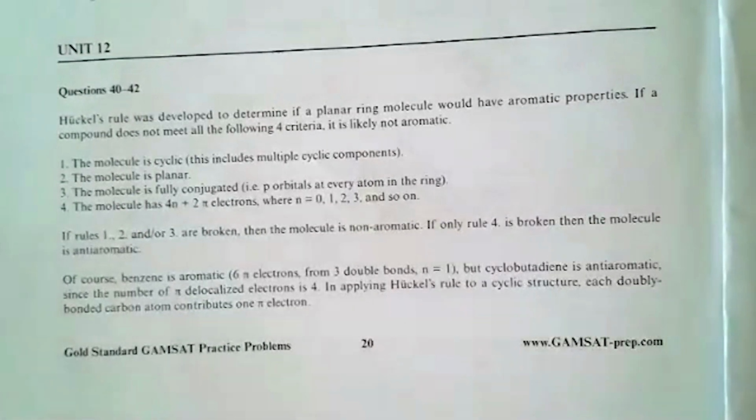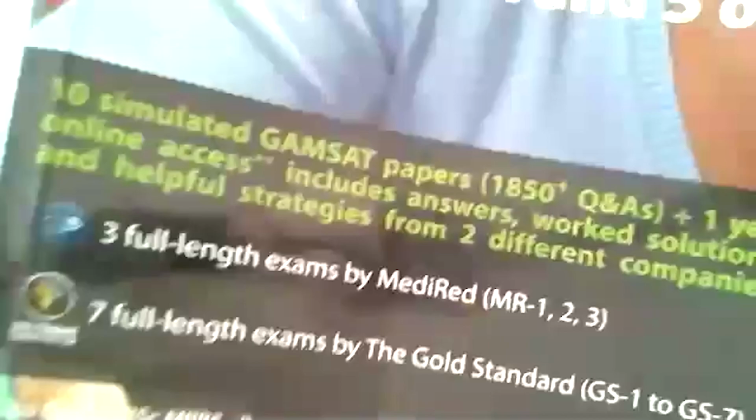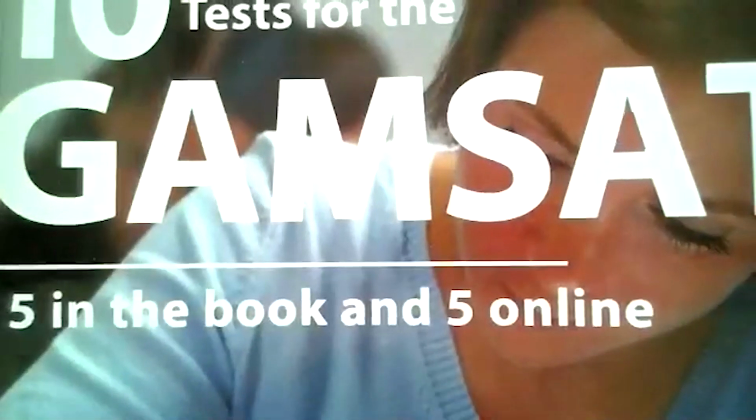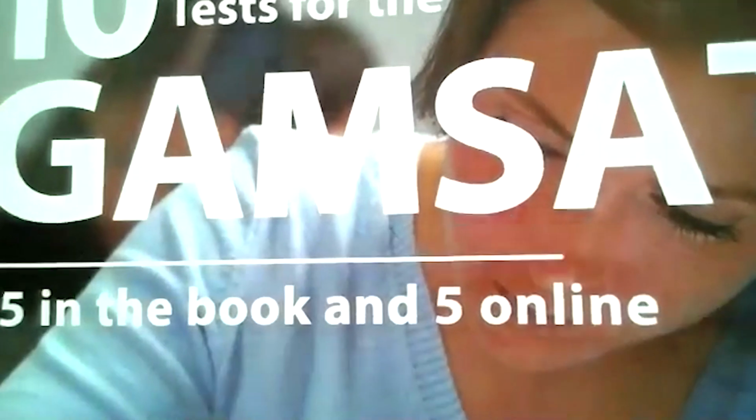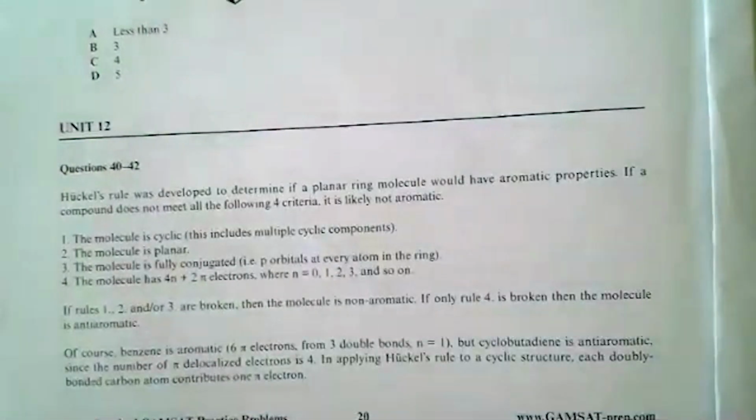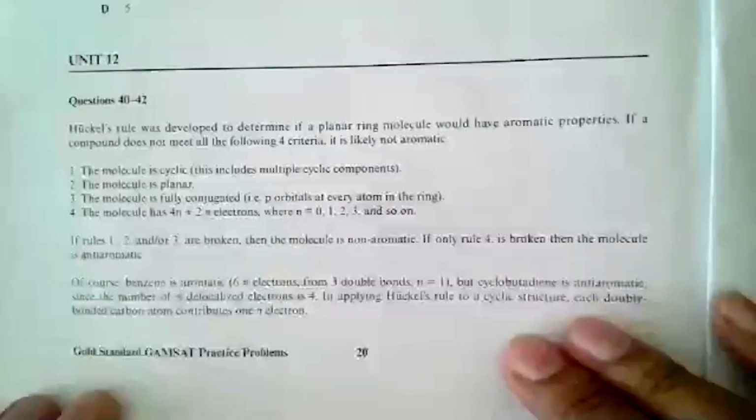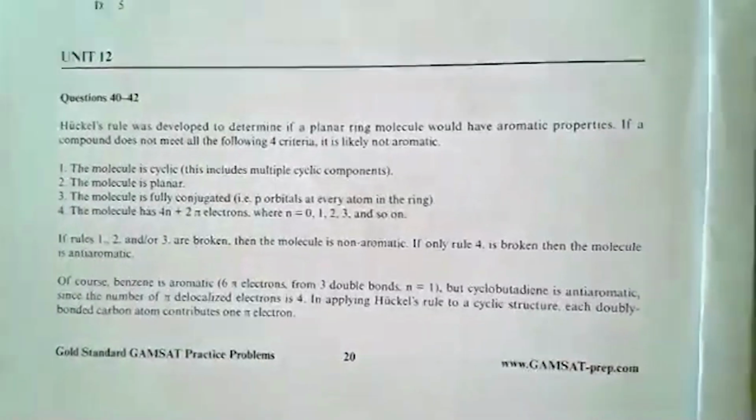One of the things we have is this 10 exam book with 10 practice tests, with 5 in the book and 5 online in the new 2021 digital format. I'm just taking a couple of questions from there, so the numbering is not your 3, 4, 5.